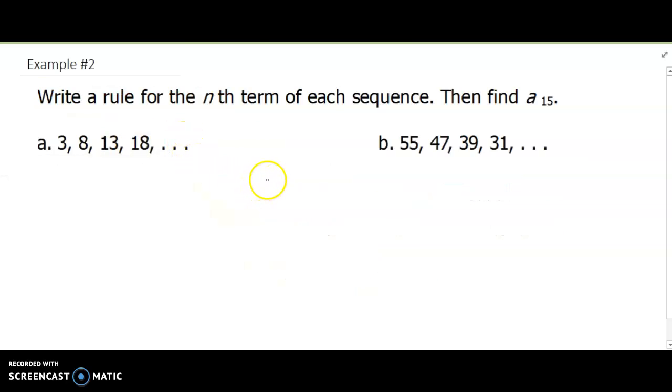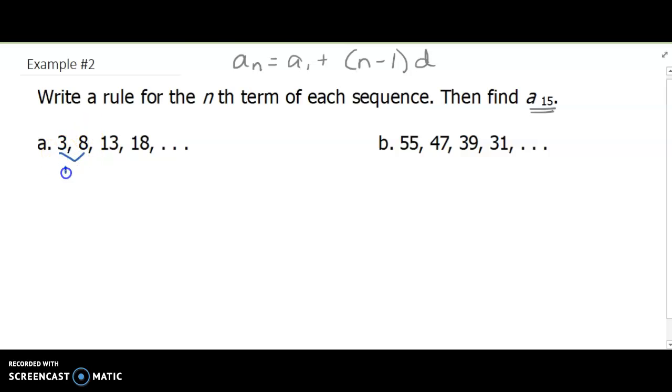So let's look at example 2 here. It says write a rule for the nth term of each sequence, then find a sub 15. Once again, for an arithmetic sequence, a sub n equals a1, the first term, plus parentheses n minus 1 times our common difference. The first thing we want to do is make sure these are arithmetic sequences.